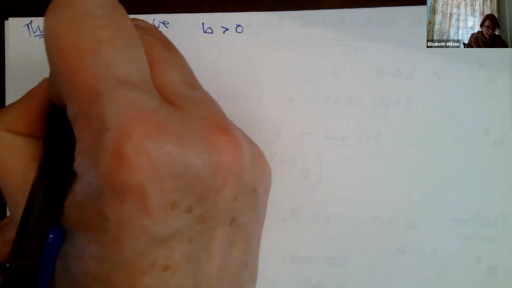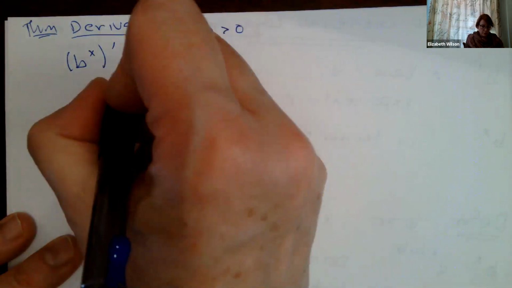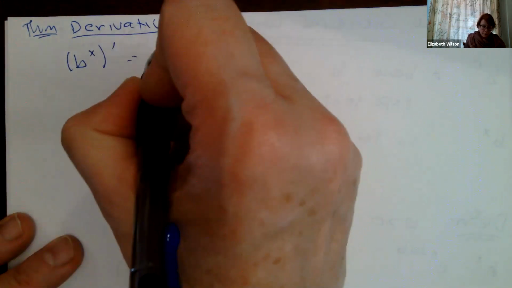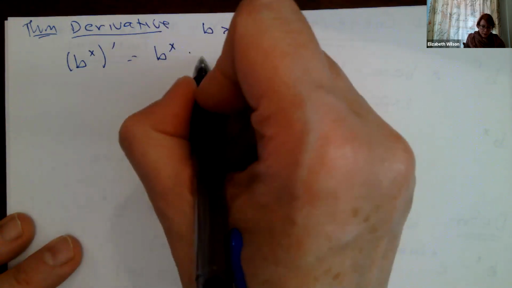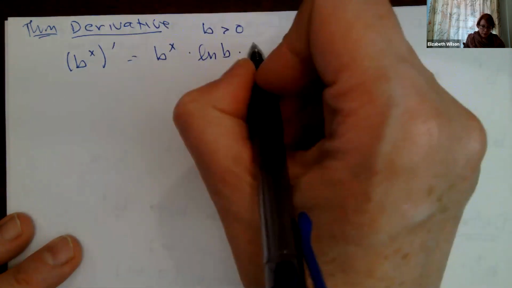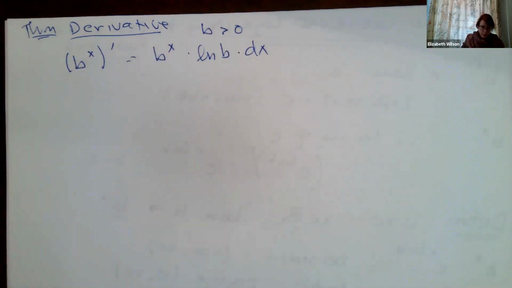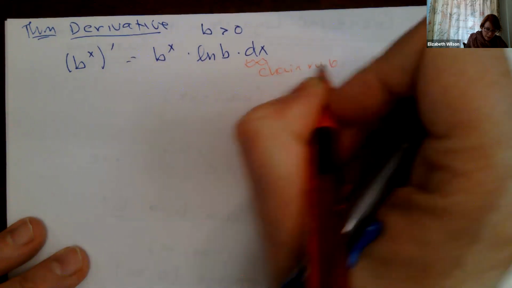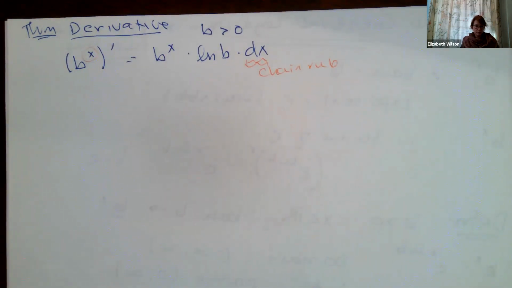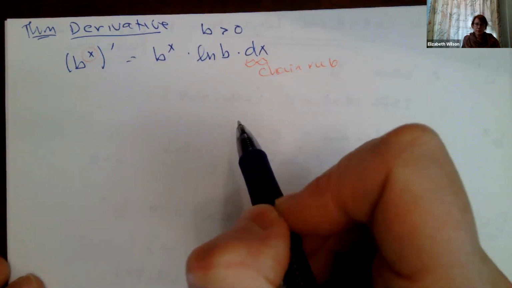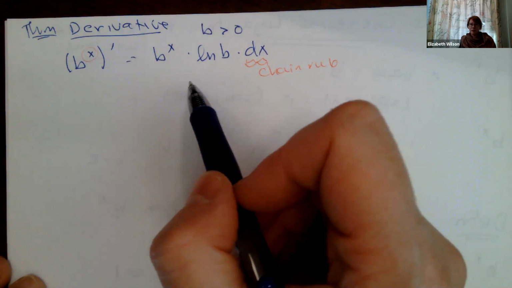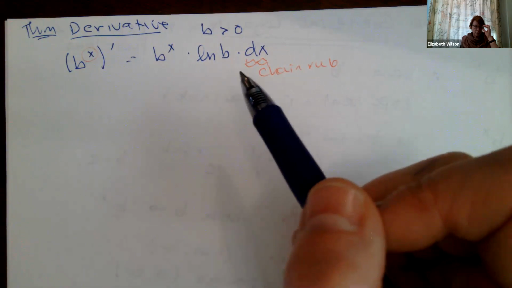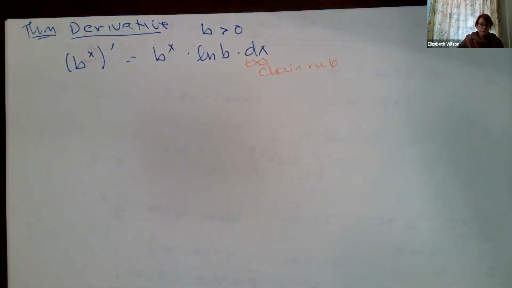So if I have b raised to the x power, and I want to take that derivative with respect to x, remember how we talked about this before, I repeat my exponential, I take the natural log of the base, and then I do the chain rule. I'll just write this part here as our chain rule. That says take the derivative of what's up there. Three different pieces. We do this automatically with e to the x as a function. The natural log of e is equal to 1, so we don't even see it. Okay. All right.